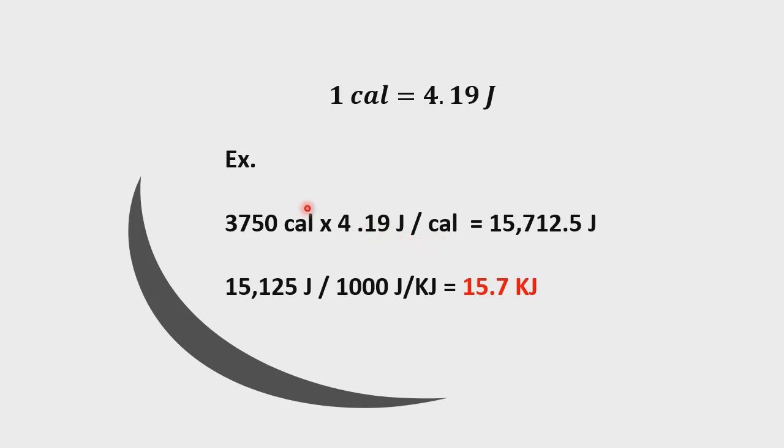So we can cancel out calorie, and the answer would be 15,712.5 joules. So 15,712.5 joules can be converted into kilojoules by dividing this value by 1,000 joules. So cancel joules, and the value would now be 15.7 kilojoules.